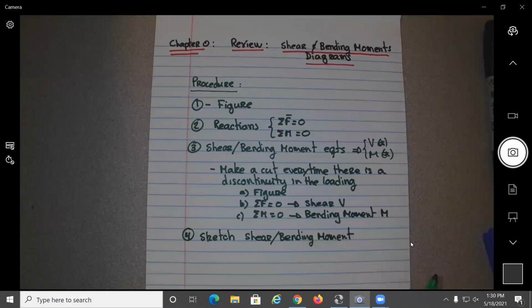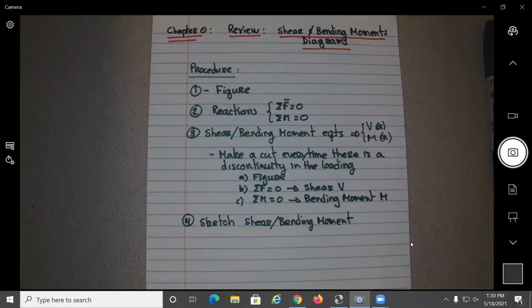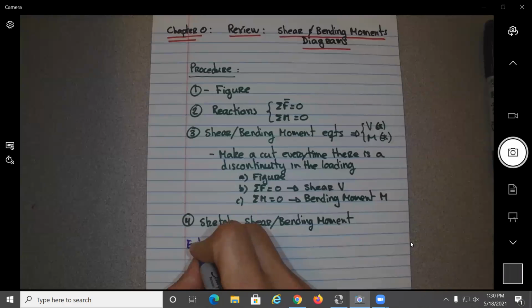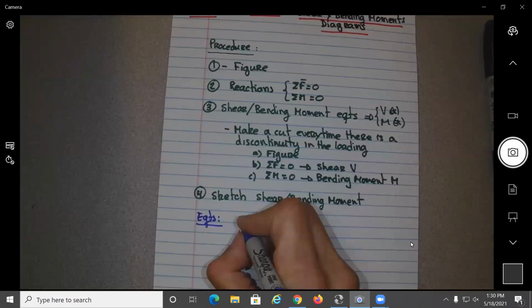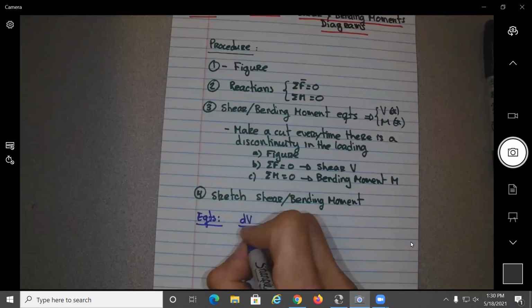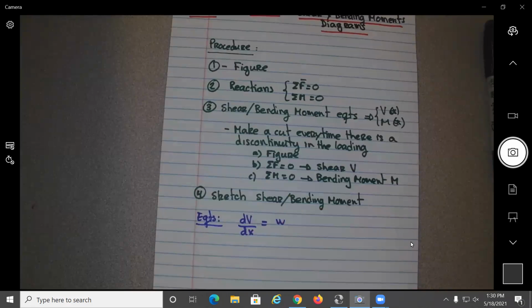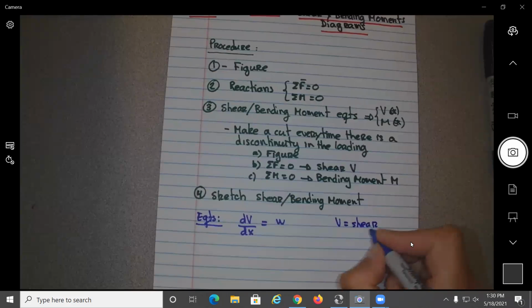All right, so just like I mentioned before, I'm going to give you the shear and bending moment equations. So equations here will be what? So there's one, which is dV/dx equal to W, where V is the shear and W here is the distributed force or distributed load, whatever you want to call it.